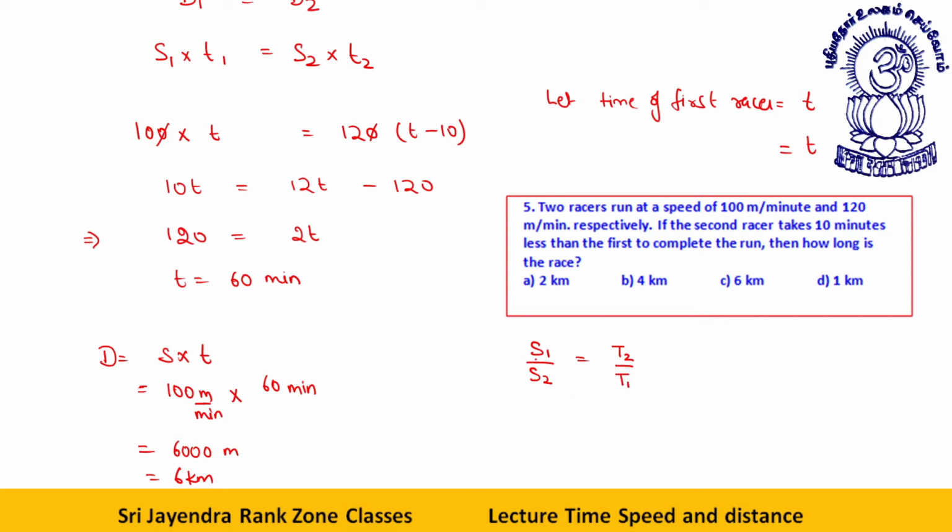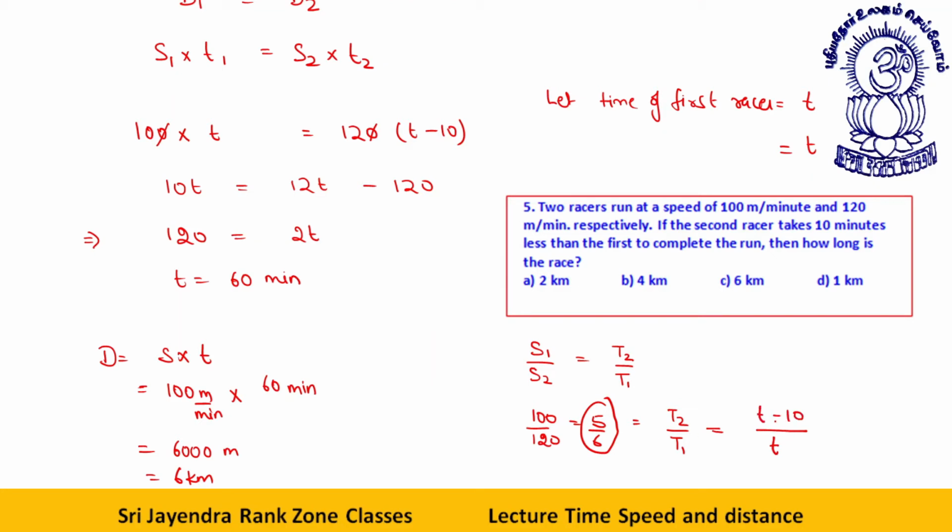Okay, what is speed 1 by speed 2? This is 100 by 120, or this is 5 by 6. Now the ratio of time 2 and time 1 is 5 by 6. Think carefully, dear students. Just apply a bit of logic. Whatever time 1 is, let's say this is t, and this is t minus 10.